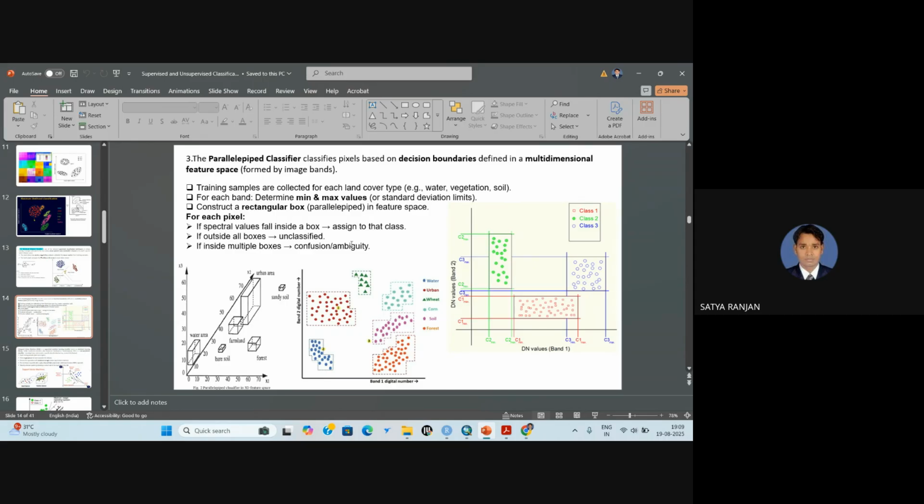Based on this minimum and maximum, it constructs a rectangular box, a parallelepiped, in feature space, and if the spectral values are all inside the box, the pixel is assigned to that class, and if outside the box, it is unclassified. Based on this, it can classify these features.